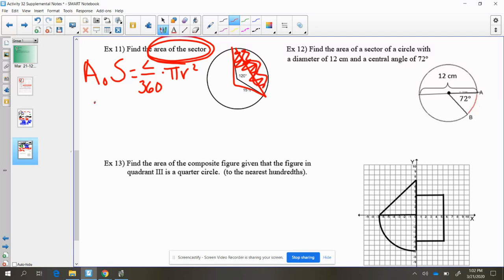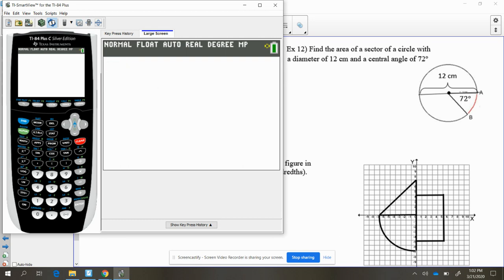Right? So that's going to mean we're going to take that angle measure of 120 divided by 360, and we're going to multiply that by pi times the radius squared. Now this one we're just going to approximate.